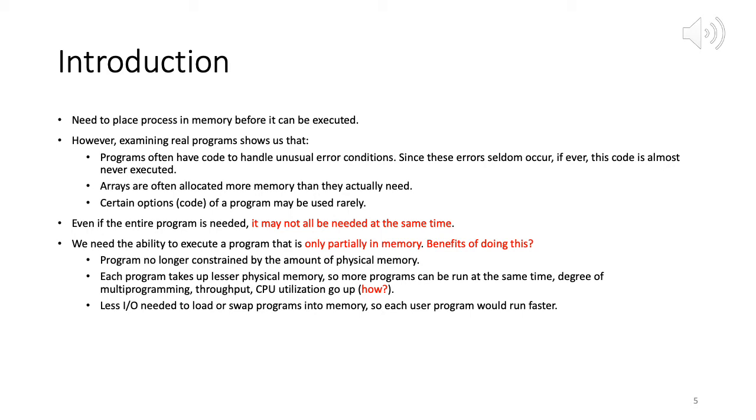CPU utilization could also go up, because with a small number of processes you may encounter the case that the CPU and IO are not overlapped. Like we had the question in the quiz, if you have two processes, will multi-programming work?